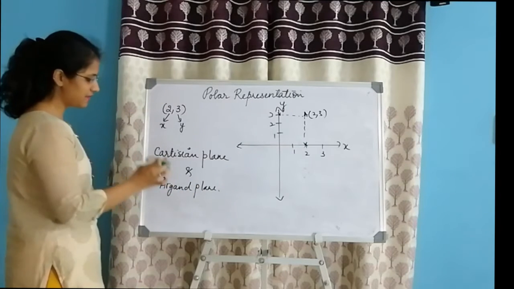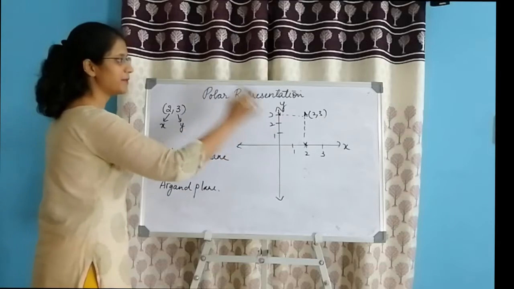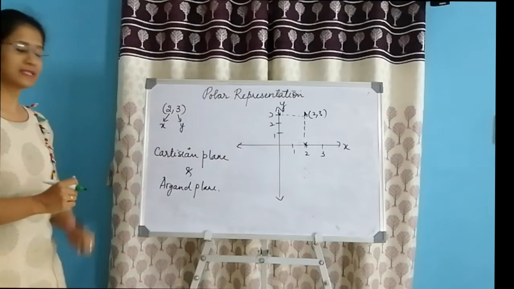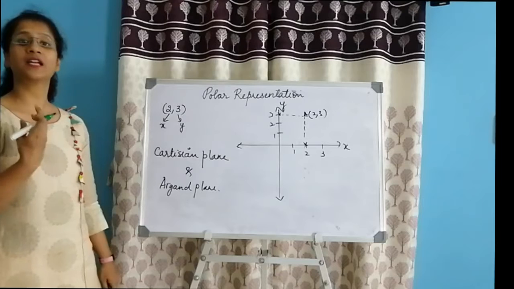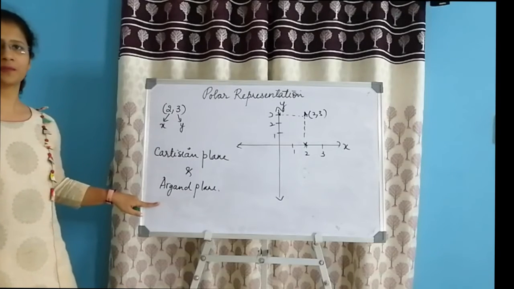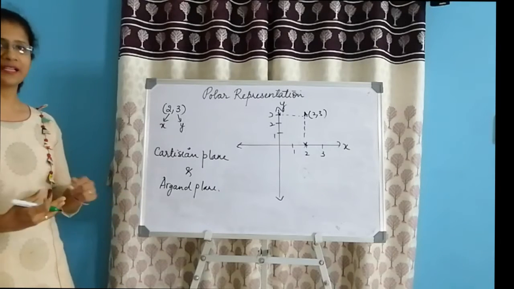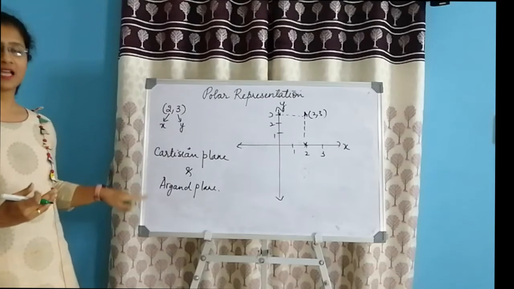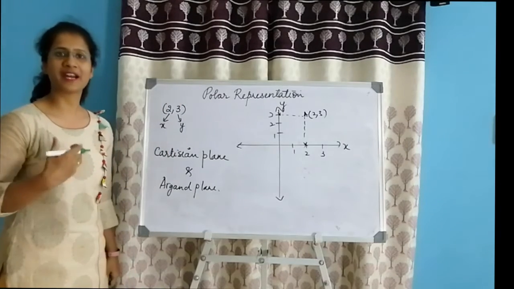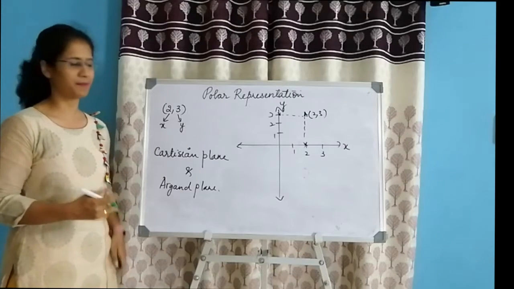Okay. So now that we have understood how to represent an ordered pair on the Cartesian plane, let us understand how do I represent a complex number on the Argand plane. So further from there, we will try to understand how do I write the given complex number in polar form, or how do I represent it using polar representation.